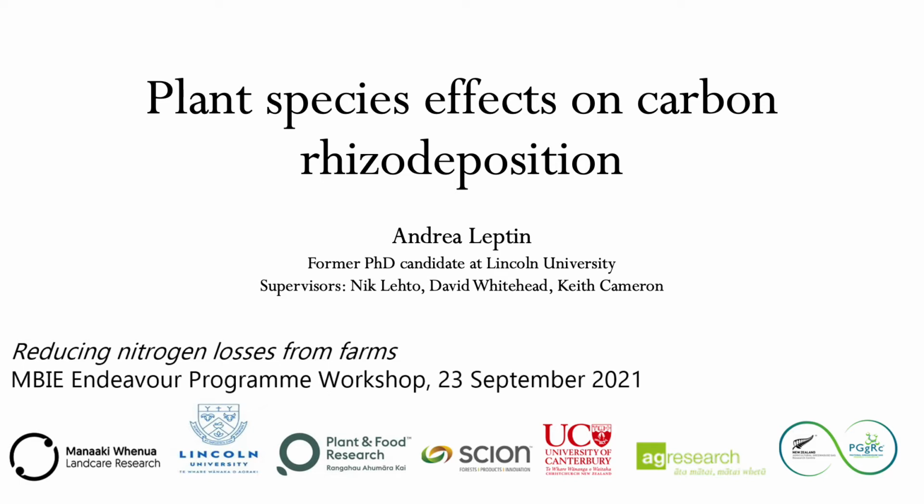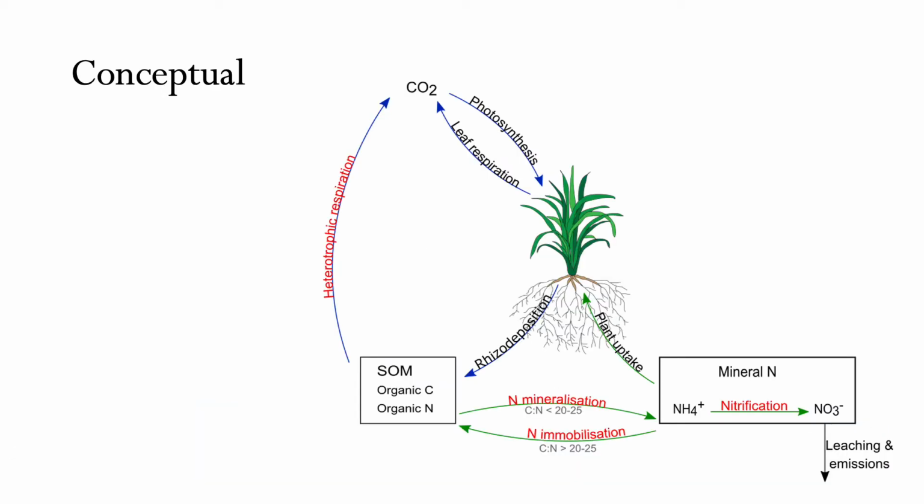The study I will present investigated the effects of plant species on carbon rhizodeposition in nitrogen-rich grasslands. This is a conceptual diagram with the coupled cycles of carbon and nitrogen, which I will explain very briefly. The carbon cycle is indicated here with blue arrows and starts off with atmospheric carbon dioxide, which is assimilated by the plant through photosynthesis.